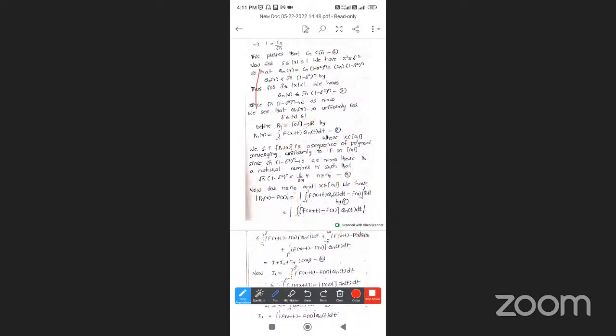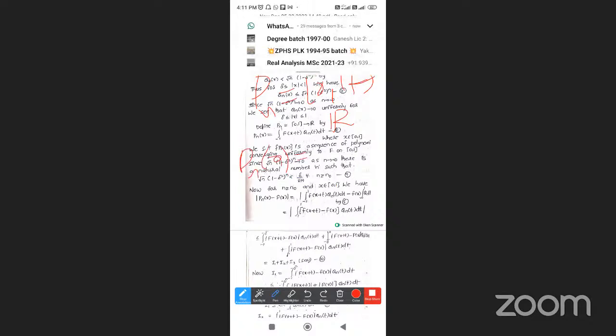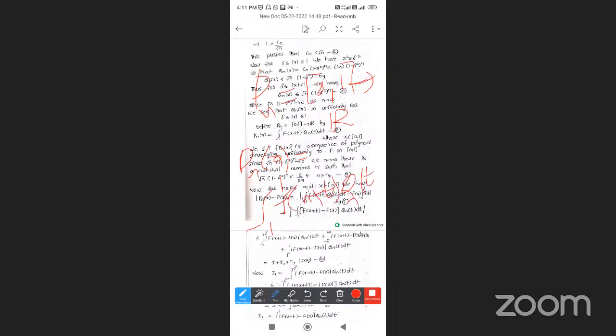This is Pn on the interval 0, 1. This implies we define Pn of x as the integral from minus 1 to 1 of f of x plus t into Qn of t dt. This is the eighth equation. So we got the eighth equation.